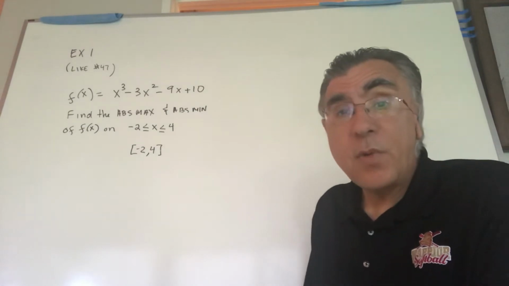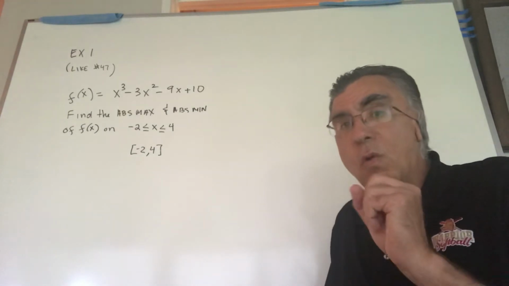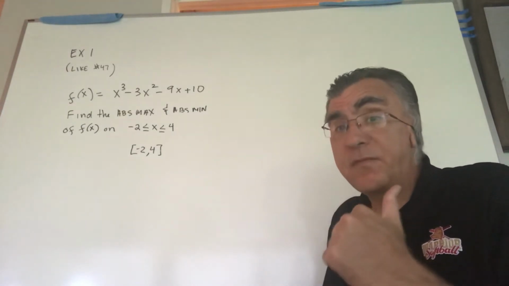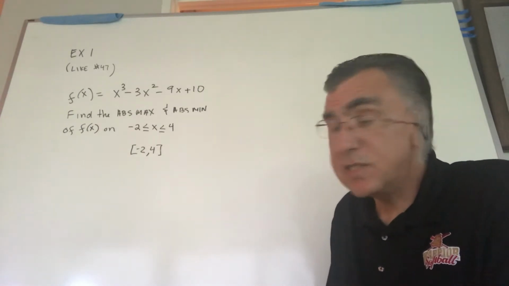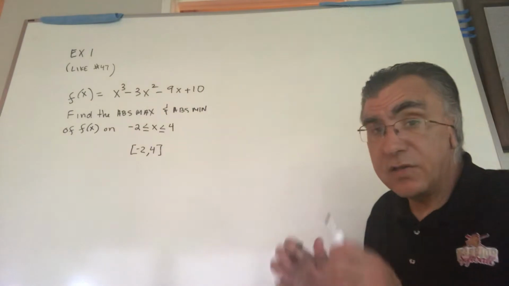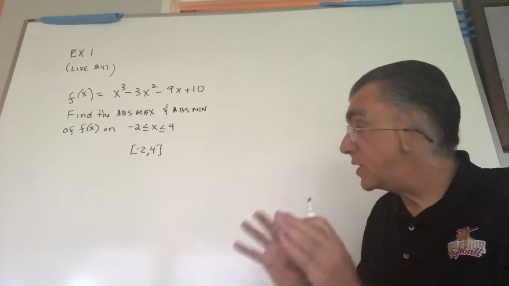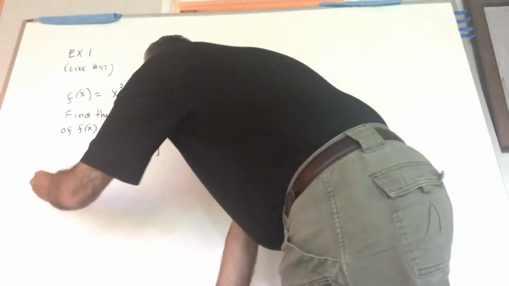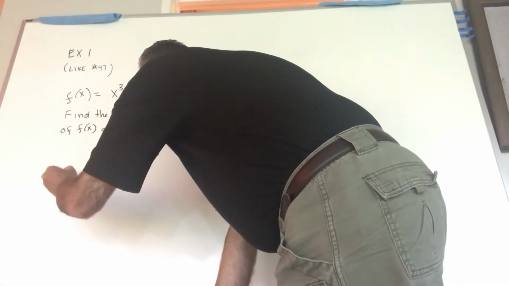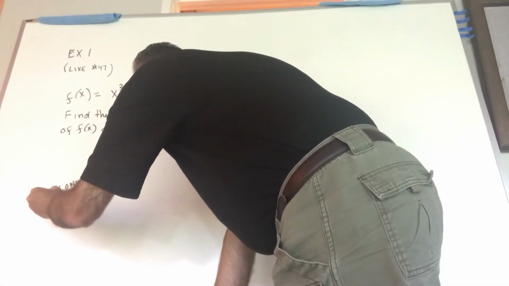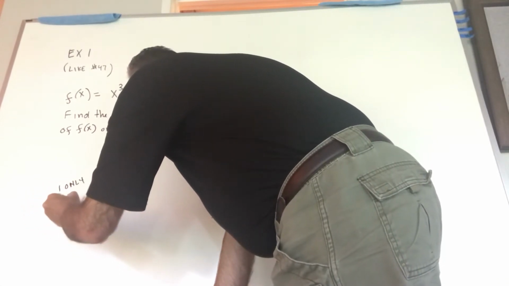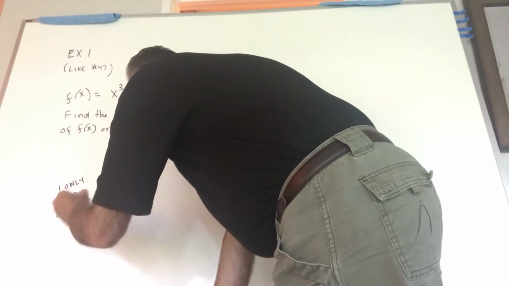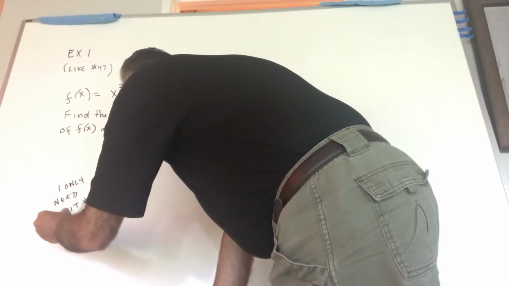Now, remember what we have to do. There are only 2 places to look, from the introduction to this. The only 2 places I have to look are the critical numbers and the endpoints. So first, make an observation: I only need critical numbers and endpoints.